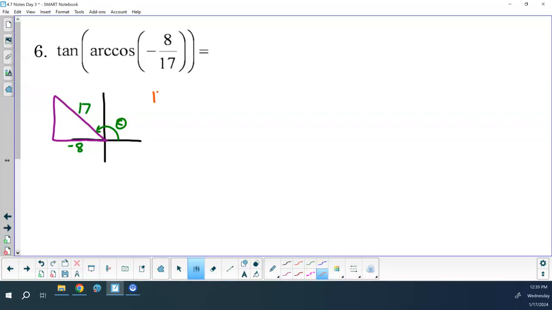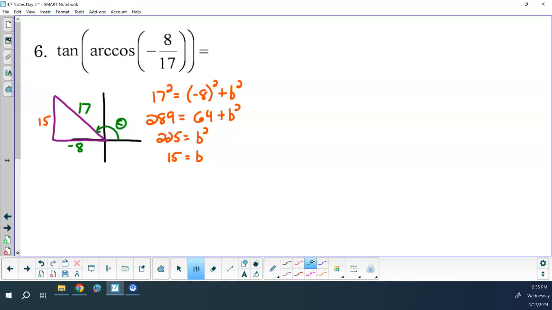Pythagorean theorem says 289... Yeah. 15 for b, or for your missing side.